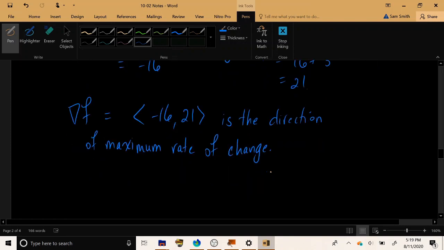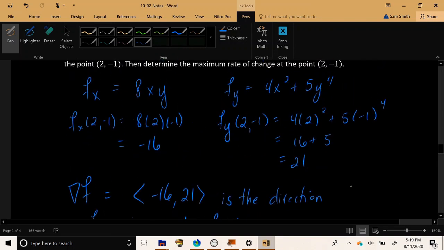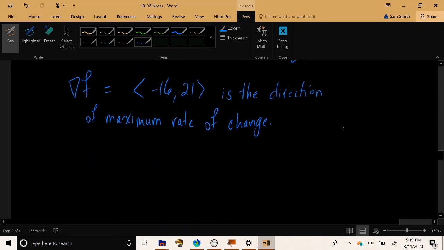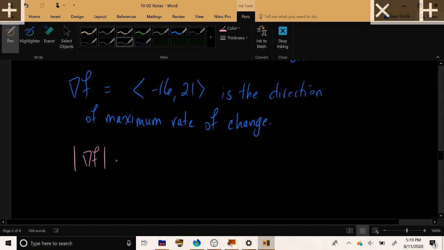So then someone says, all right, that's the direction we should go to increase the value as fast as we possibly can, but how fast will the value actually go up? The maximum rate of change can be found by taking the magnitude of the gradient vector, which is the square root of 16 squared plus 21 squared.